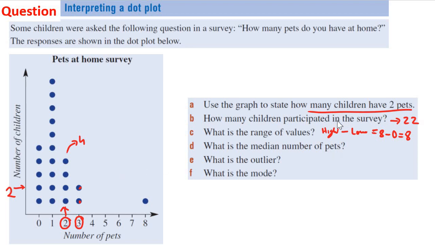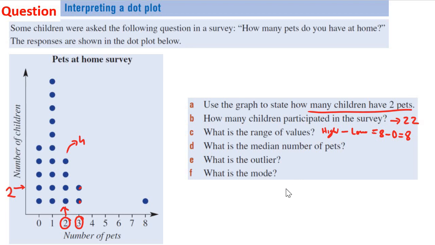So the next question is, what is the median number of pets? Now, students, you don't have to consider the total number of pets, but the number of children. So what is the total number of children? 22. Now if you write this down in ascending order, then for the median you have to find the middle of 22.